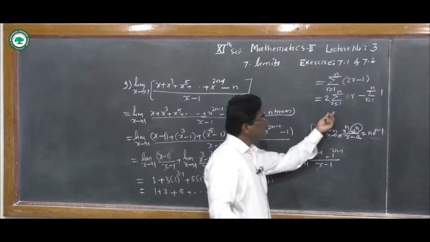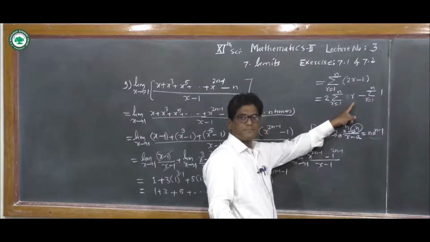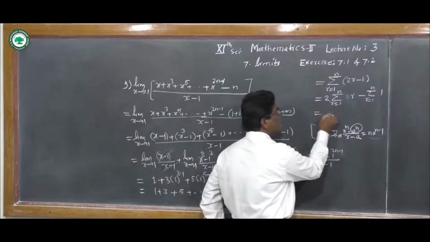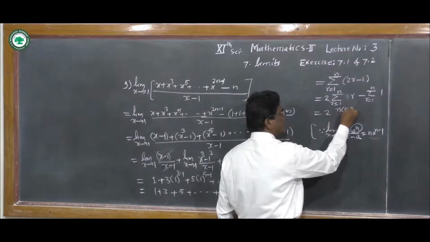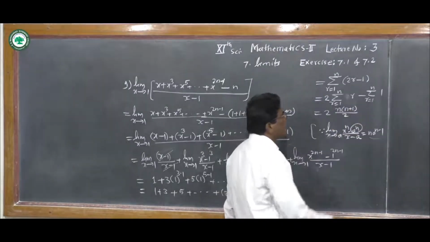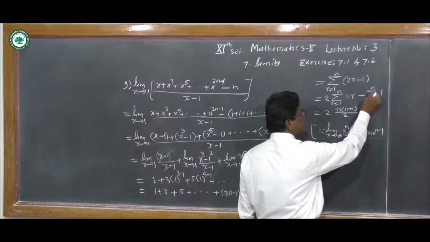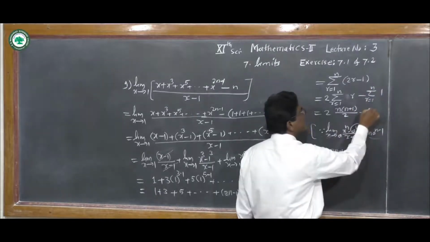And we have seen in sequence and series the formula for summation of r. It is n into n plus 1 divided by 2. And minus here summation of 1. We take the addition of 1 n times, that is n.